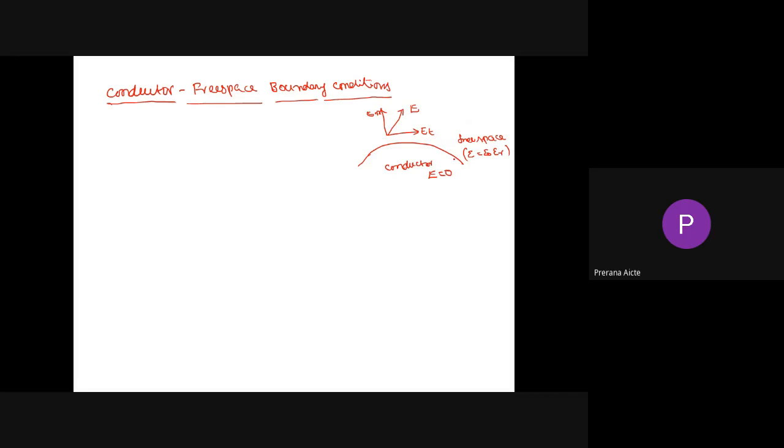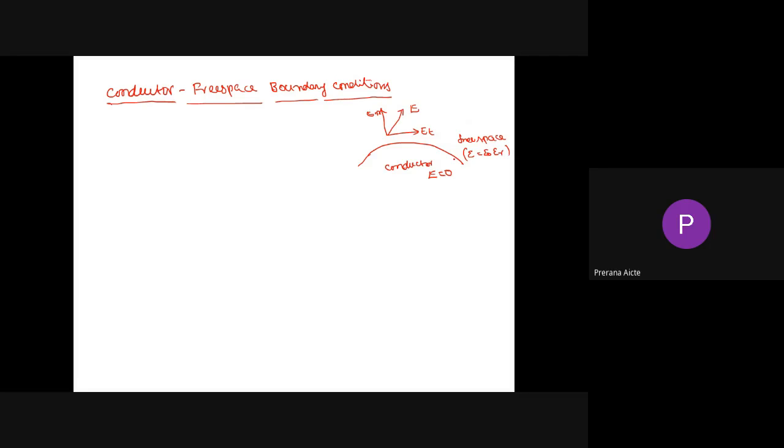The conductor free space boundary condition is a special case of the conductor dielectric condition.